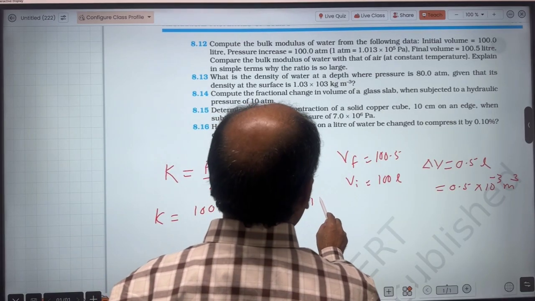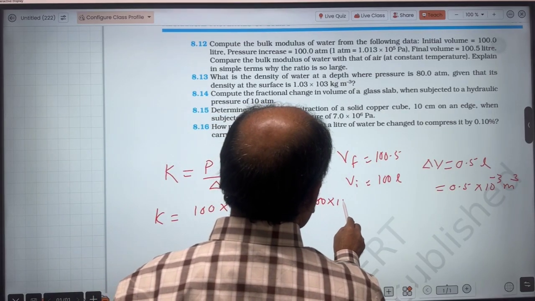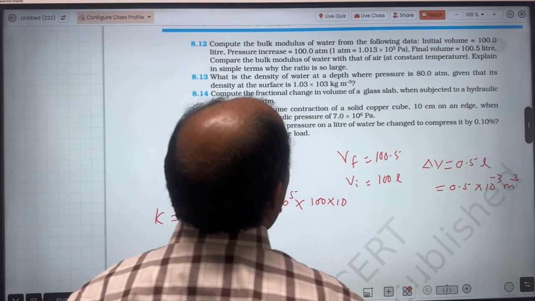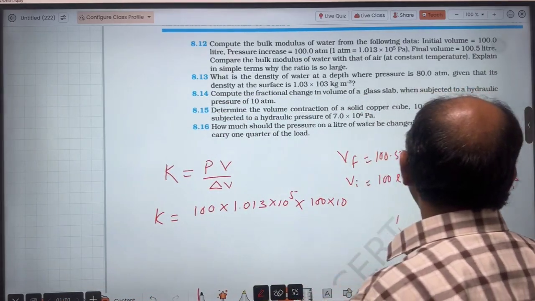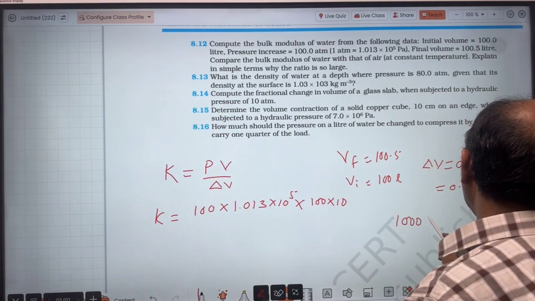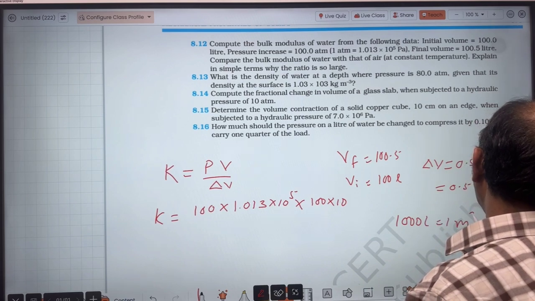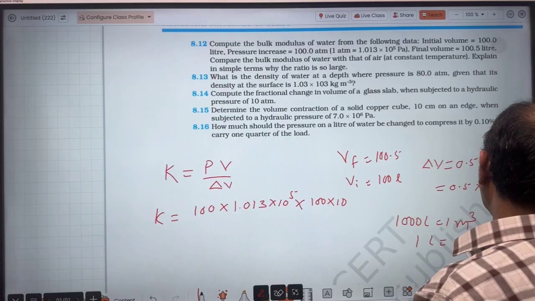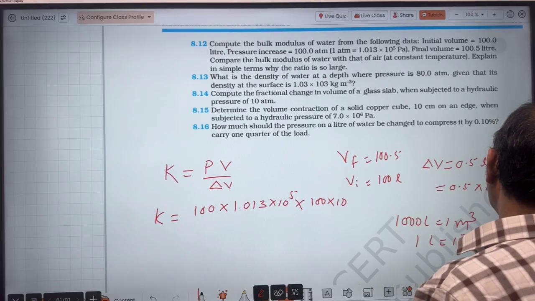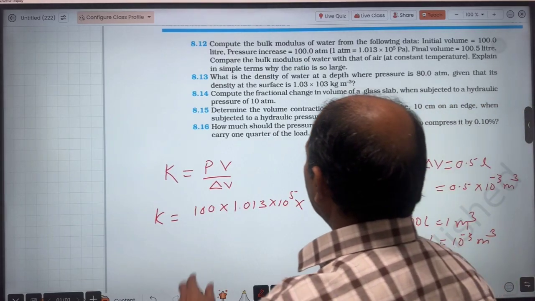Original is 100 into 10 to the power... 100 liter. So you know 1000 liter equal to 1 meter cube. So 1 liter is equal to 10 power minus 3 meter cube.